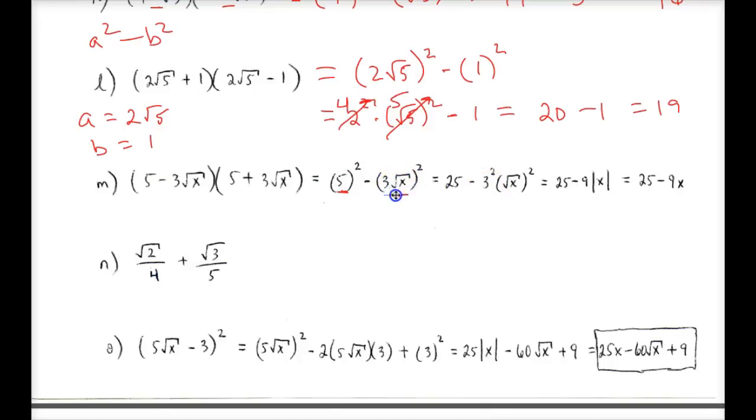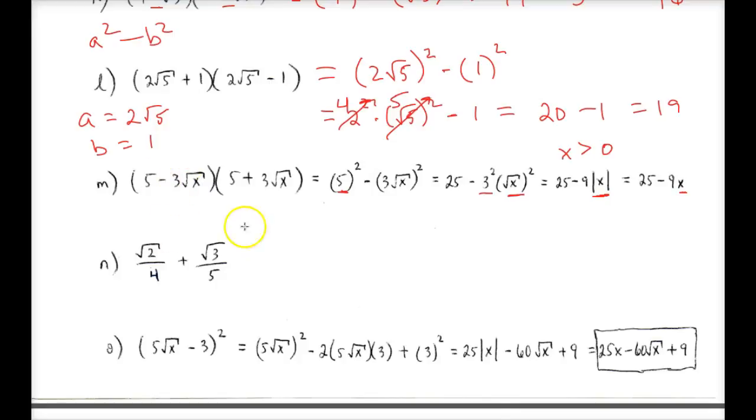And for our second one here, we notice that we can break this up as 3 squared times square root of x squared. Notice that the square root of x squared, I put the absolute value of x here, but since we know that x has to be greater than 0 for these problems, the absolute value of x will just reduce to just x.